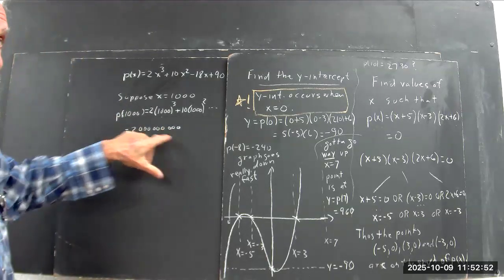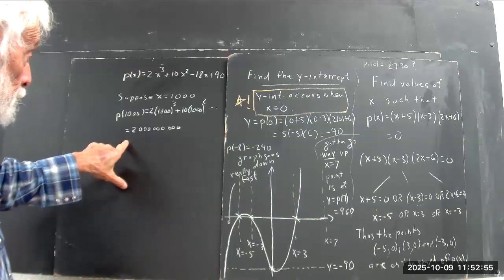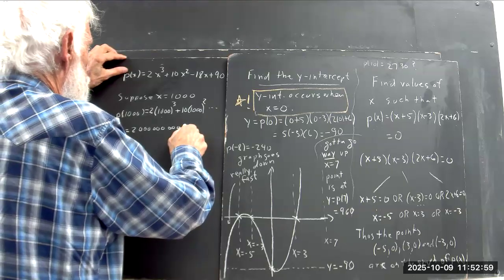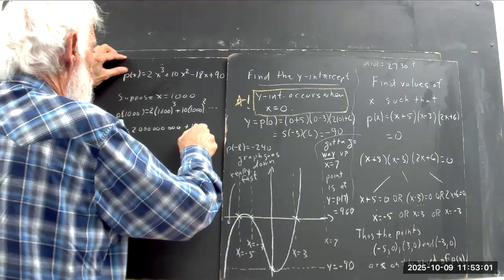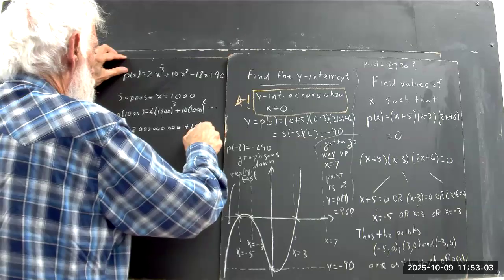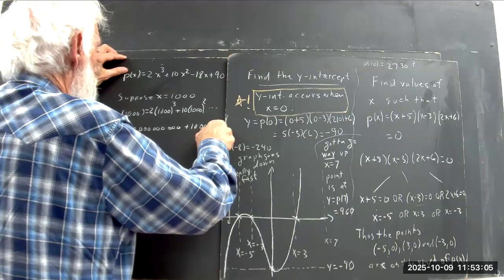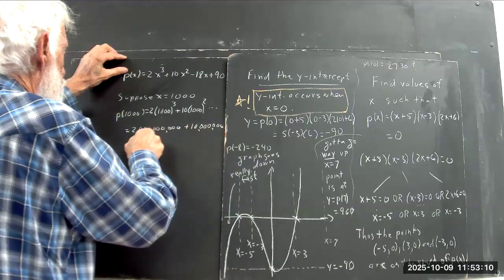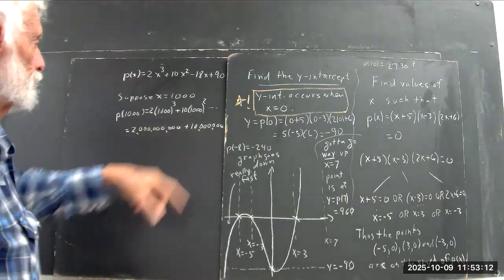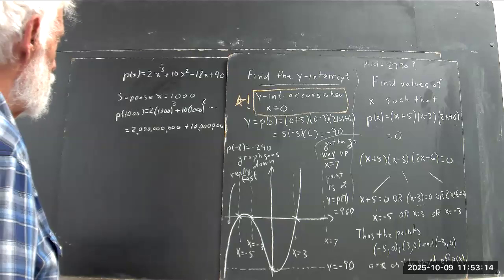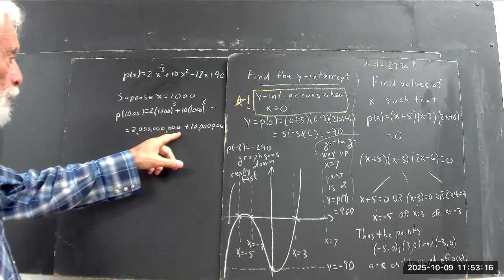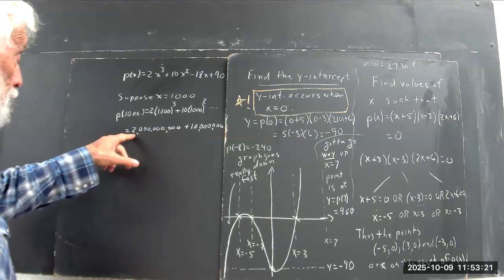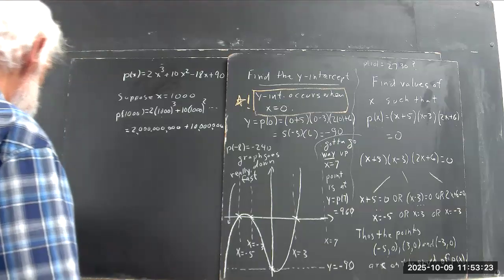So you get all those zeros and you multiply it by 2 and you get this. Now you get some zeros over here too. But this thing has 3 more zeros, not to mention it has that 2 in front.